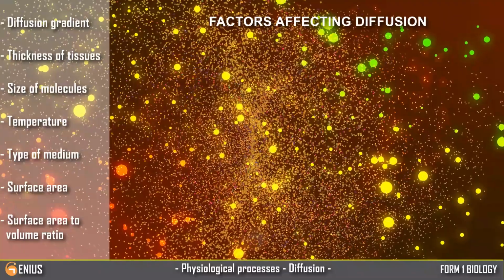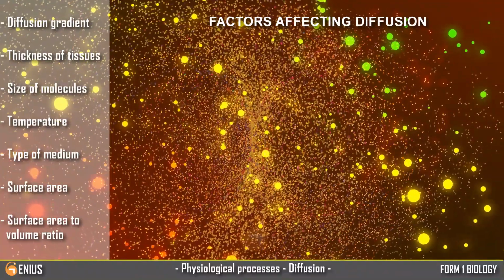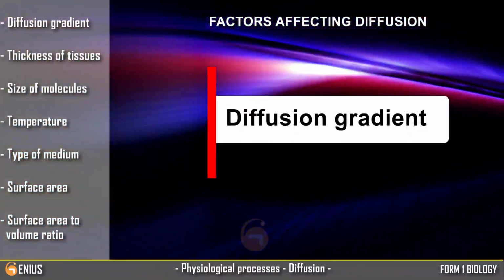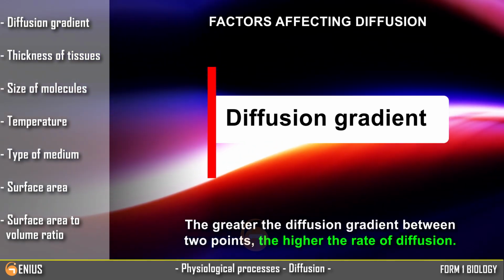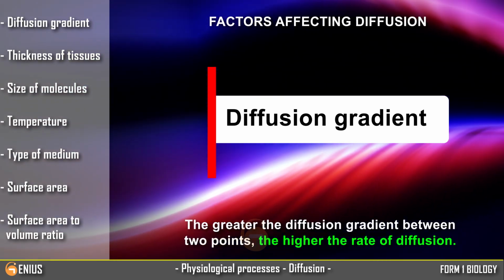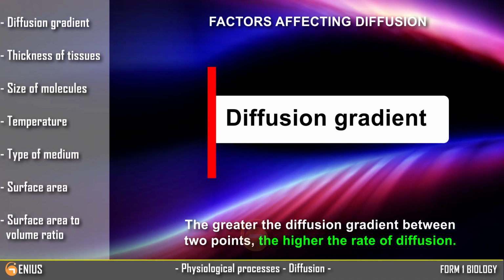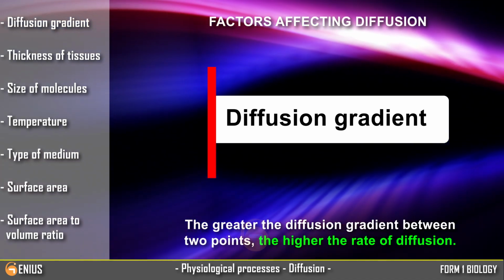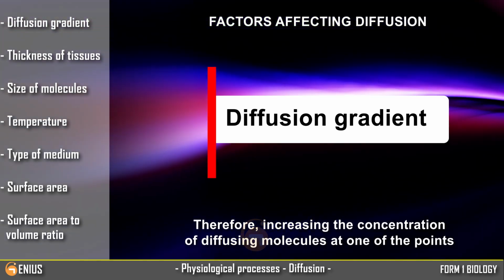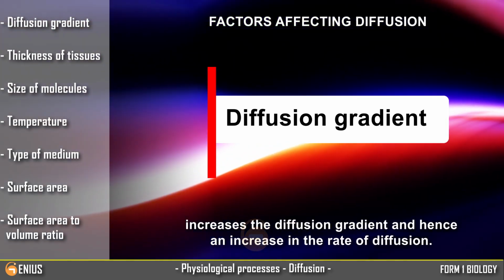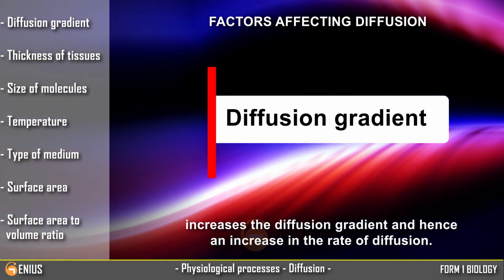Factors affecting diffusion. Diffusion gradient. The greater the diffusion gradient between 2 points, the higher the rate of diffusion. Therefore, increasing the concentration of diffusing molecules at one of the points increases the diffusion gradient, and hence an increase in the rate of diffusion.